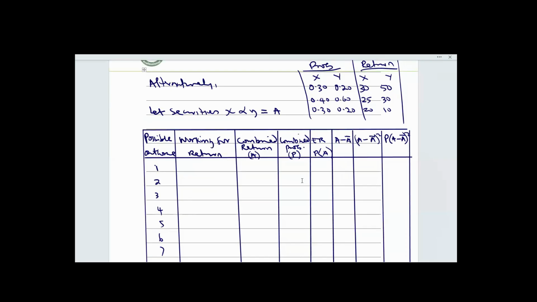The proportion invested on security X is 60%. Therefore, I will say 0.60 multiplied by the return of security X. The first return is 30, so we are going to keep that 30 constant. Then plus, open a bracket. We are investing 40% on security Y, multiplied by the return of security Y. The first one is 50.